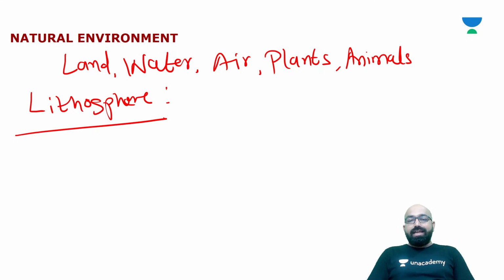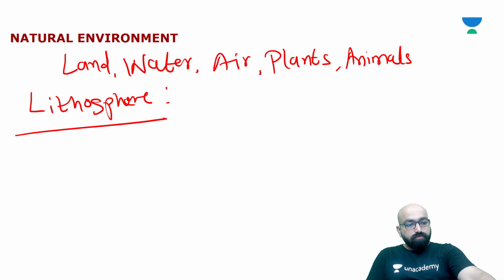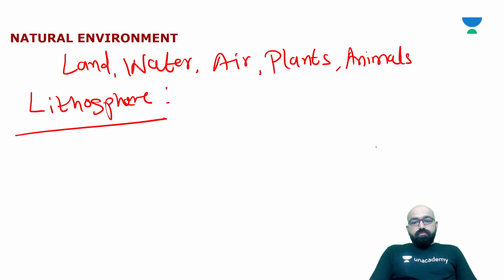It is an irregular surface with various landforms such as mountains, plateaus, plains, valleys, etc. Now, landforms are found over the continents and also on the ocean floors.